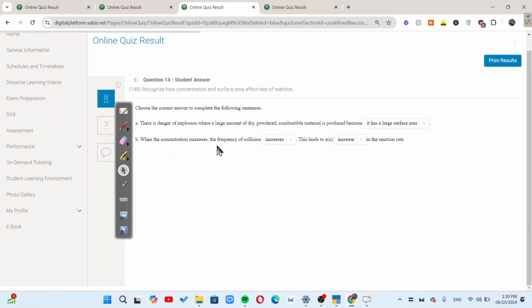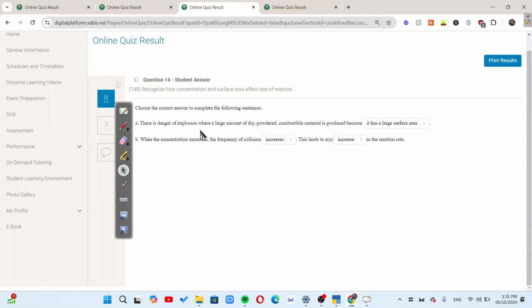So let's go on to the last question of this quiz. There is a danger of explosion when a large amount of dry powdered combustible material is produced, because powder has a large surface area. Just know that when you have a powder that's explosive and dry, it's worse.